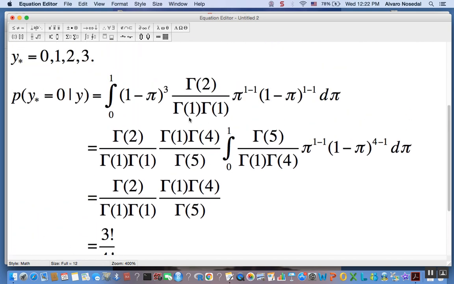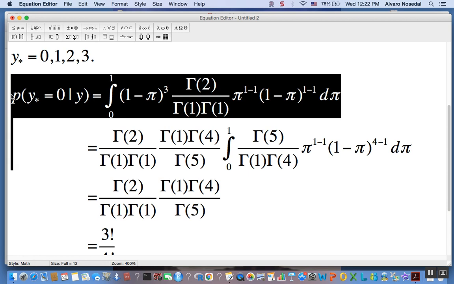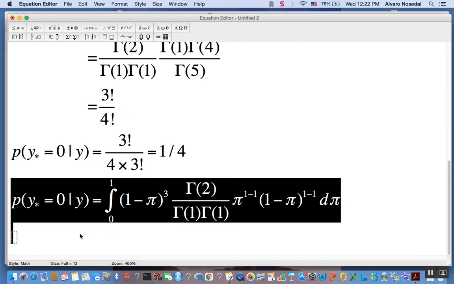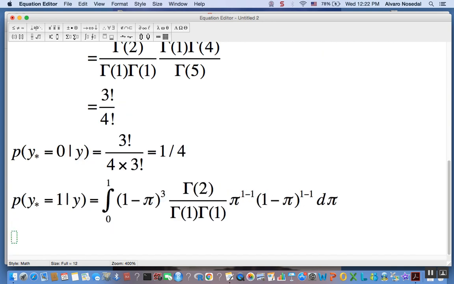Okay, so let's do one more. Now let's do y star equal to 1. Okay, so here we go. The likelihood is the part that is going to change. You guys agree? Because the posterior, that is not going to change, right? So now what we have is our likelihood.